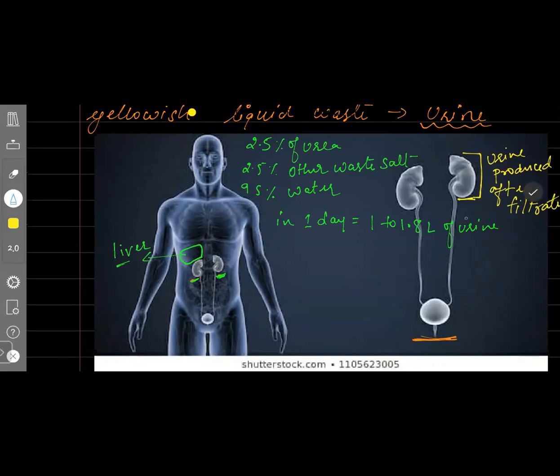Then this entire length is the ureter. Once the urine is formed, it travels down to the urinary bladder from both kidneys, and then at last it comes outside through the urethra.